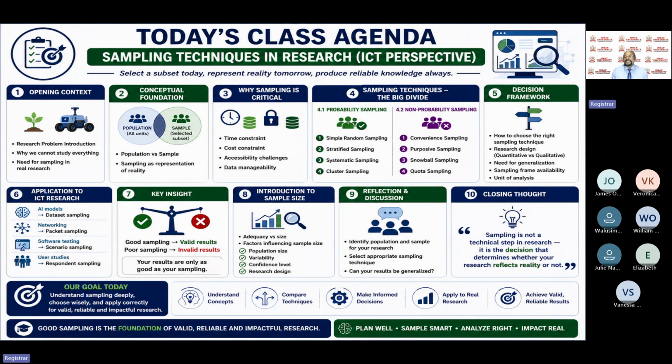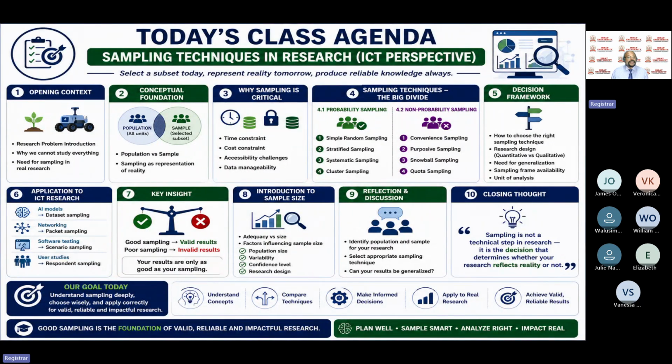Whether you are doing quantitative or qualitative research, what you are trying to generalize, the size of the population, the sampling frame available to you, what is accessible for you, and the unit of analysis. In the graduate trainee retention programs of private sector banks in Kampala, each graduate trainee who is onboarded is a unit of analysis.